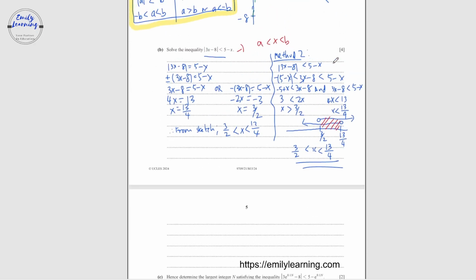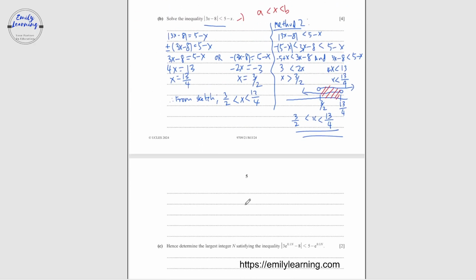Next, we are asked, hence determine the largest integer n satisfying the inequality of this. Because it's a "hence", we need to make use of what we have done previously. If you compare this with this, what do you notice? Basically, the x is replaced by e to the power of 0.1 n, right?